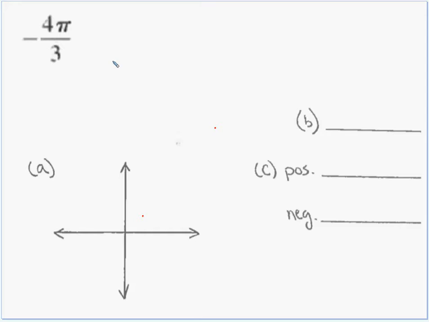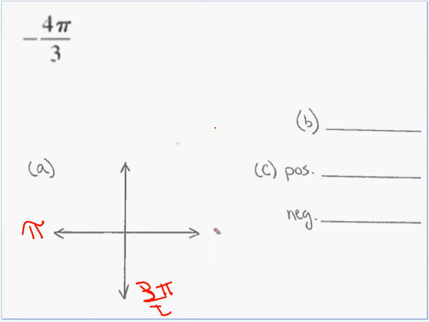So again, as we're working our way around, if we go one quadrant, that'll be half pi. Another quadrant will take us another half pi, or to 1 pi. If we continue around, we'll have 3 halves pi. And if we go all the way around, we're back to 0, or 2 pi radians.